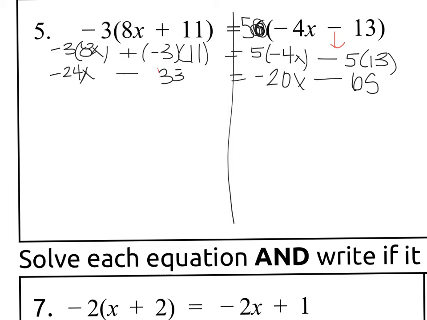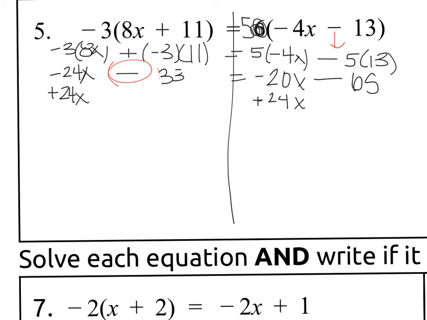Okay, at this point we have variables on both sides. They are not the same amount, so don't just drop them. We need to move one over. Doesn't matter which one. I would add 24x to both sides. Be aware about that.